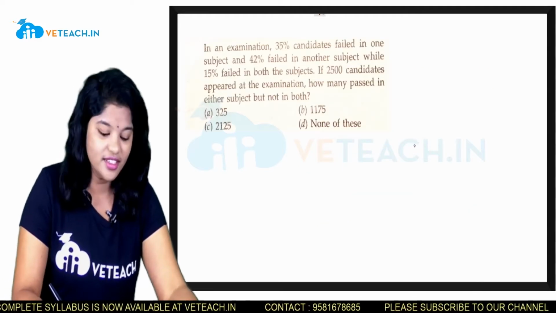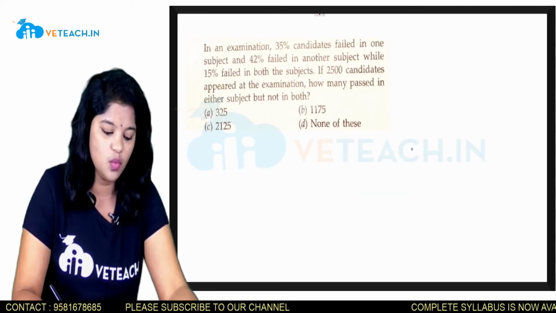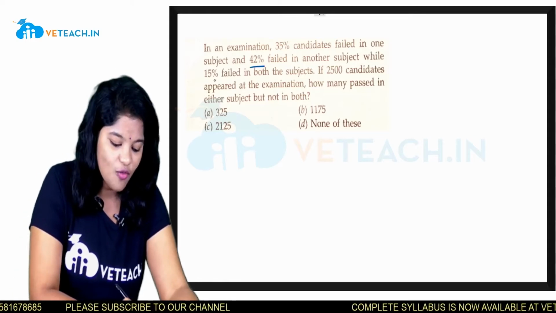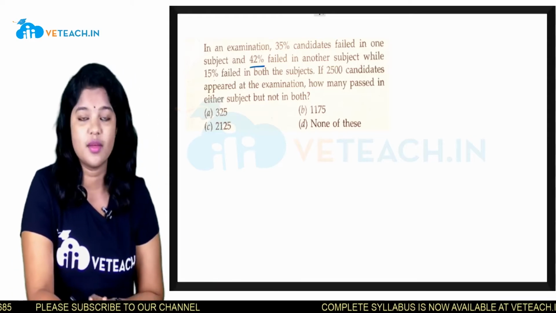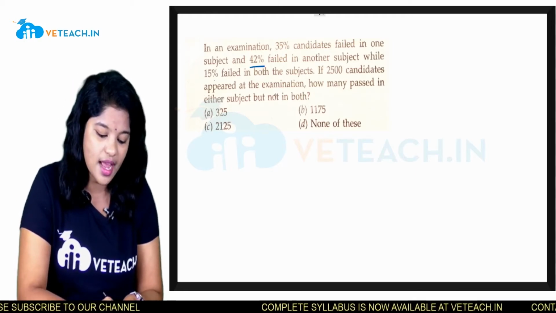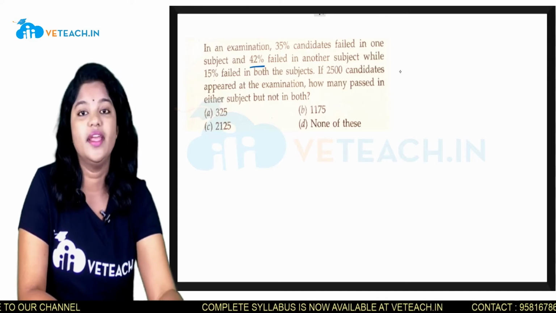See the next question. In an examination, 35% candidates failed in one subject and 42% failed in another subject, while 15% failed in both the subjects. If 2,500 candidates appeared at the exam, how many passed in either subject but not in both?